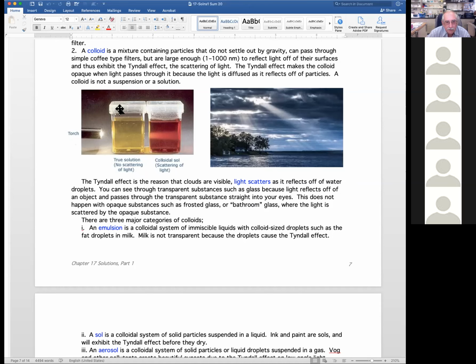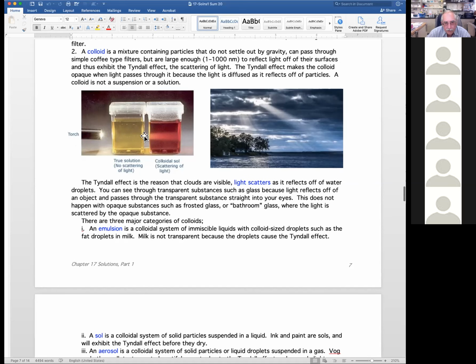The particles in this true solution are so small that they do not bounce light off of their surfaces, but in the colloid, they do. Colloidal particles are things like proteins and little droplets of fat like in milk. You can see that the light passes right through here, and then it's hitting a particle and getting scattered by it. So that's the Tyndall effect right there.